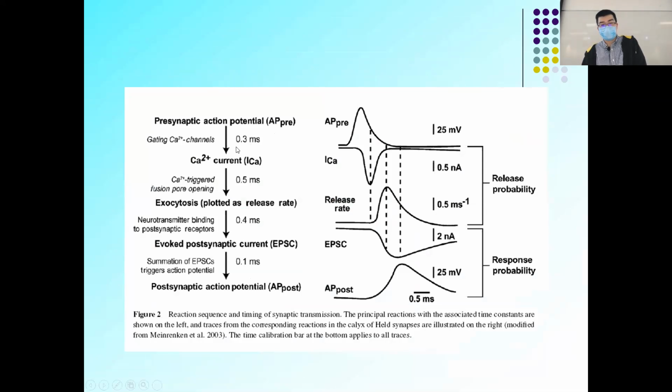For example, at 0.3 milliseconds the calcium channels open and current rushes in, and then it takes another 0.5 milliseconds to trigger exocytosis. Then it takes time for the neurotransmitter to diffuse and bind to the receptor. If the summation of the excitatory postsynaptic current is enough, then it will trigger the action potential. That's the time scale.